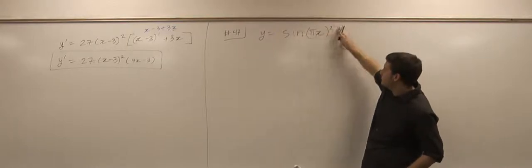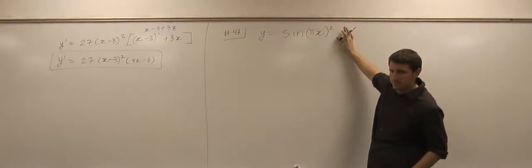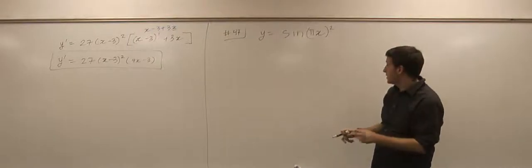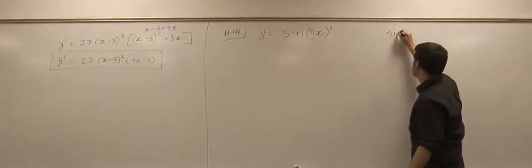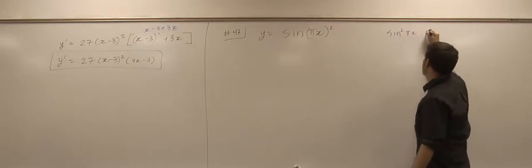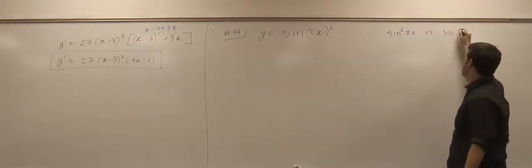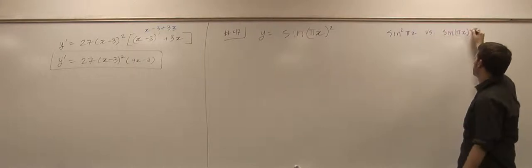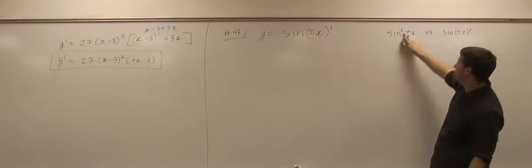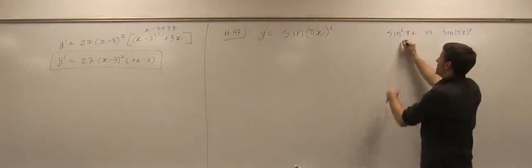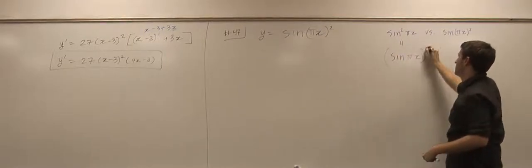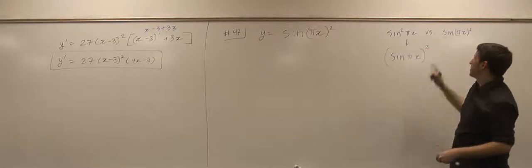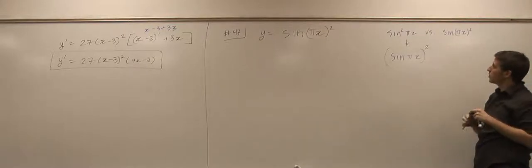Is it going to the sine or is it just going to the pi x? Just the pi x. There's a difference between sine squared pi x versus sine pi x squared. This squared only applies to the pi x, whereas this squared applies to the entire sine. Be careful, make sure you know which one you're working with.